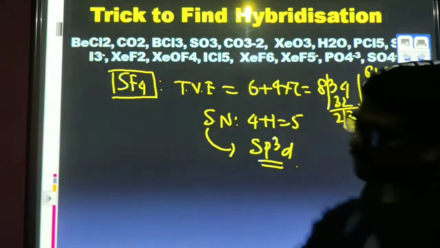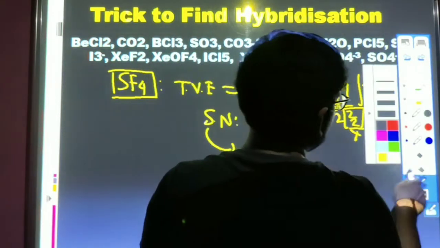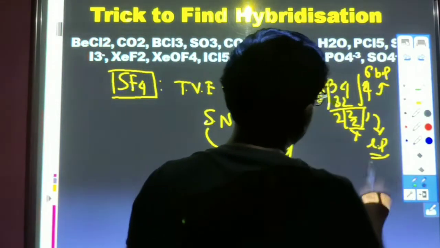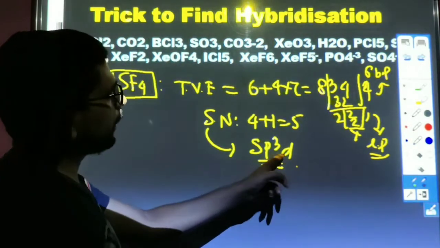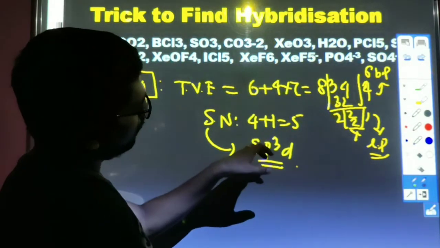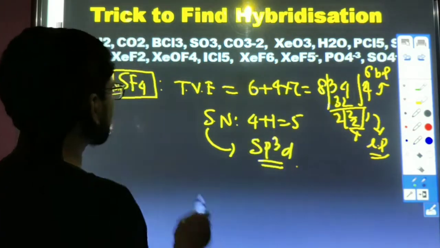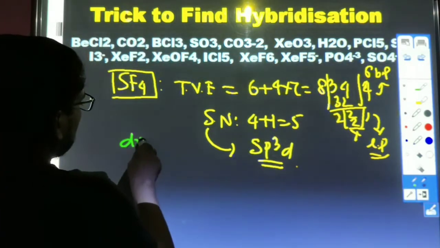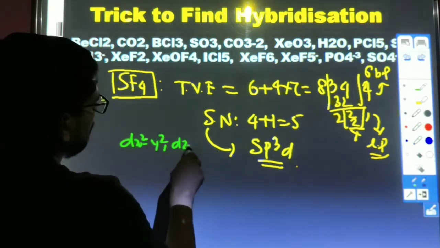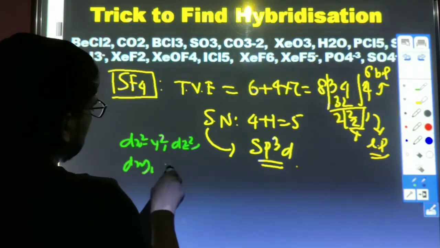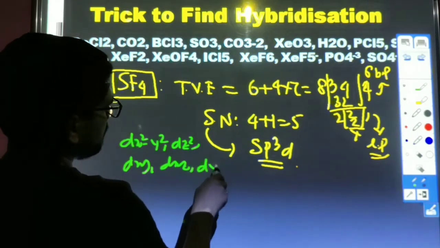Remember one thing, that in this case you cannot use just any d orbital for mixing of 1s, 3p and 1d. This is fixed. See, there are 5 d orbitals, right? dx square minus y square, dz square, dxy, dxz and dyz.